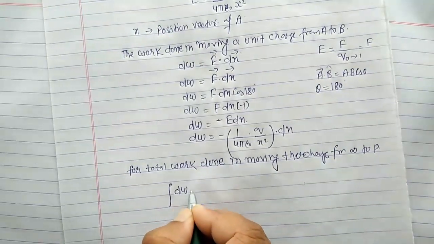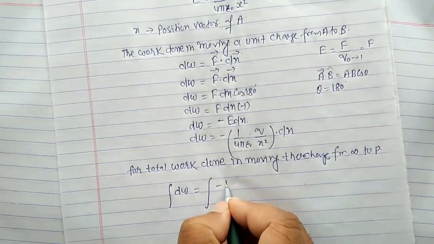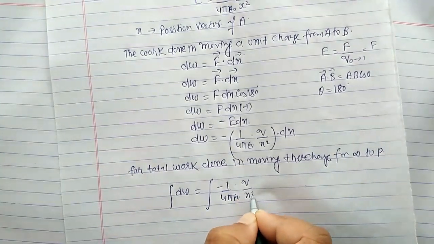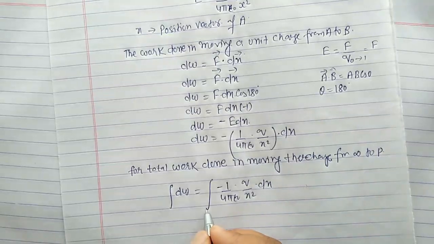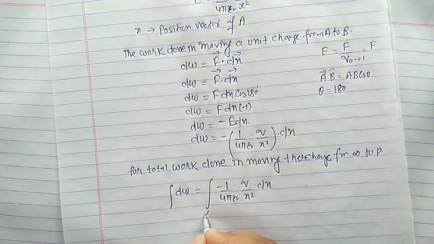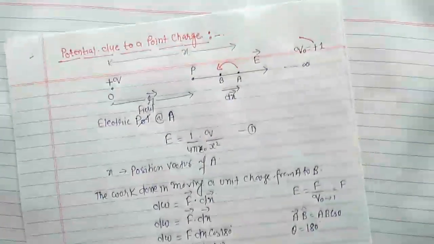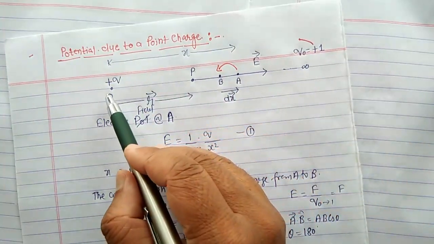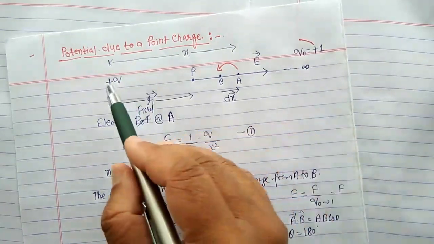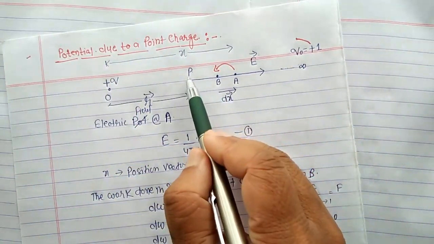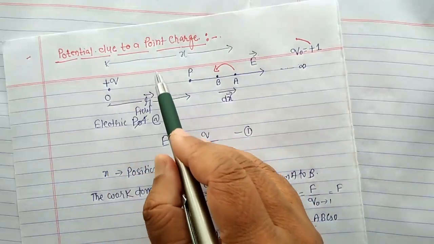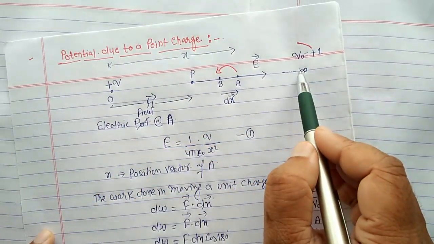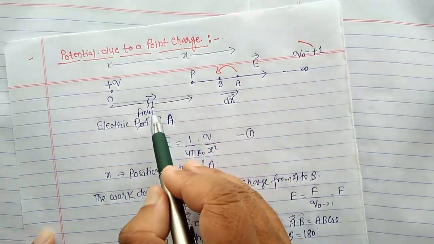So W is equal to the integration of 1 upon 4 pi epsilon naught q by x square with respect to dx, and the limit varies from infinity to which position? We have to bring this test charge from infinity to this point, and the distance of this point P from the origin is R. So infinity will be the lower limit and R will be the upper limit.